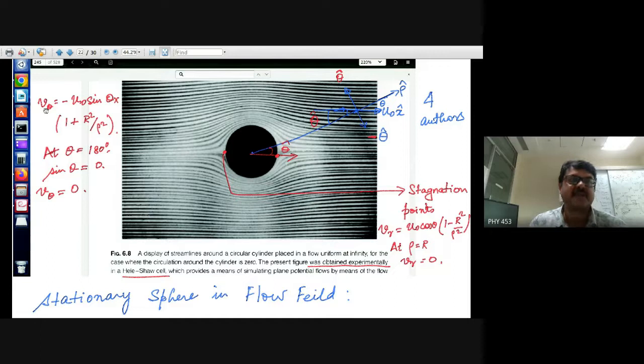this was the general expression for v theta, and at rho equal to infinity, this term equal to 0. So what you have is v theta equal to minus u0 sine theta. Is that correct? Now let's take rho equal to very large, suppose here, right? Then the theta direction is essentially this, because you're calculating this. This is theta, that's by convention, and the flow is such that it's in this direction.